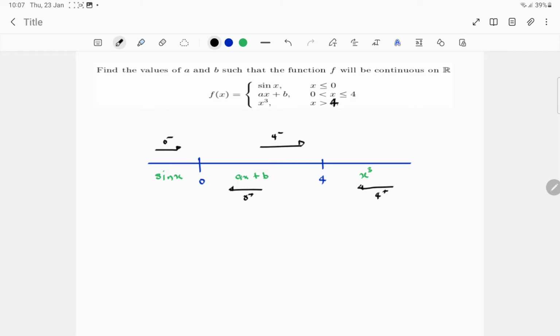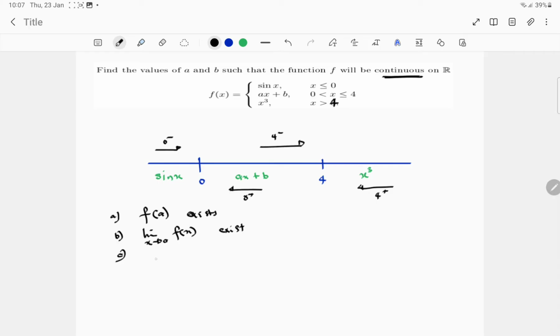Since we are saying that this function will be continuous, it means that all 3 conditions hold. One, f of a exists. Two, the limit as x approaches a of f of x should also exist.